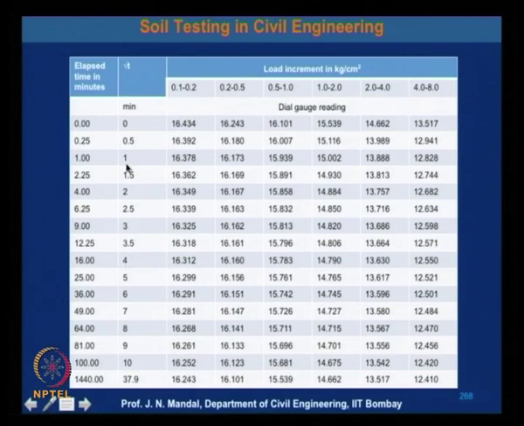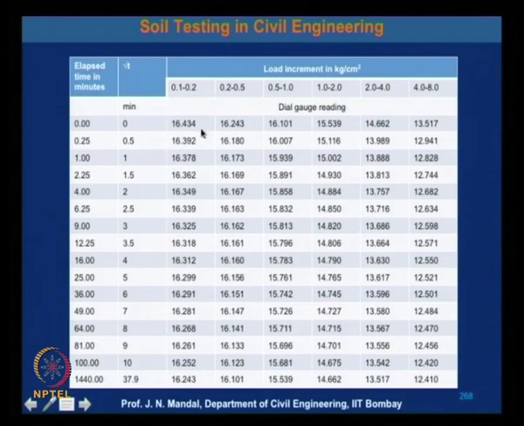So, you have to apply the load, and the initial load in a consolidometer is 0.1 to 0.2 kg per centimeter square. You apply the load of 0.1 to 0.2 kg per centimeter square, and you keep on taking the reading in a dial gauge.